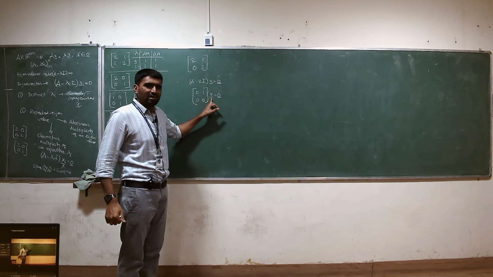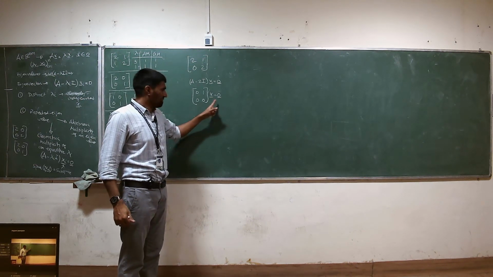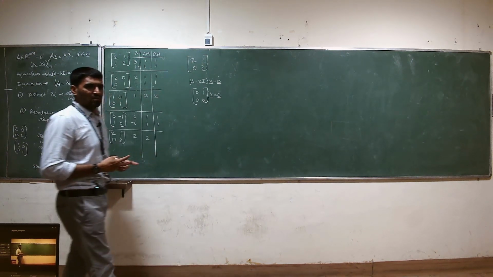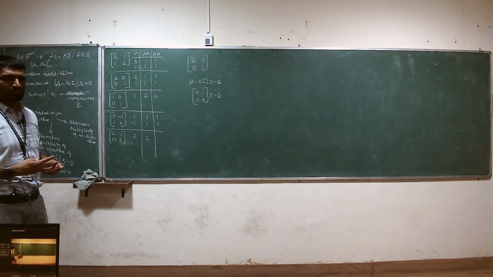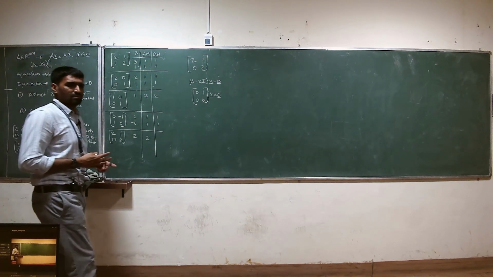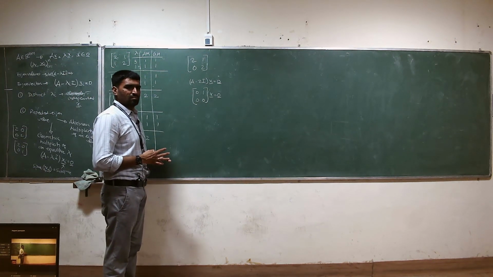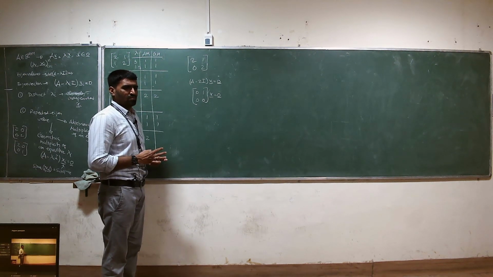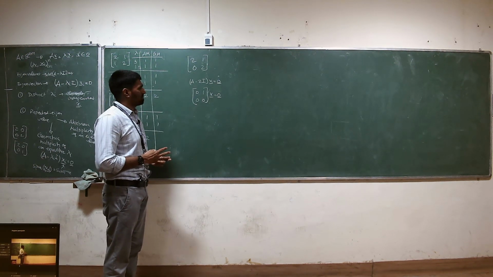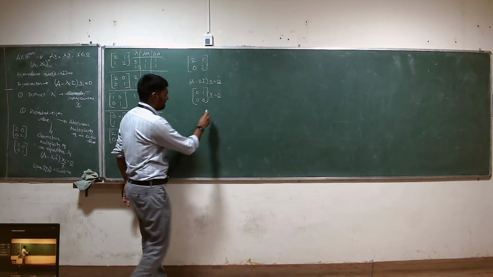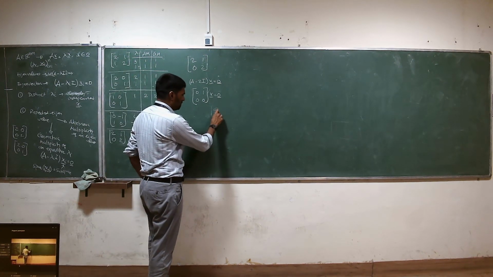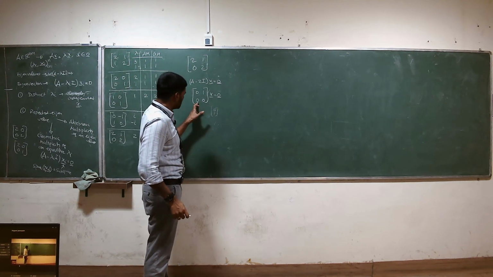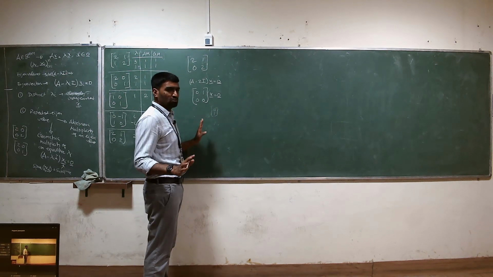There is definitely a non-zero x that will give you this. If you say 0, 1 now, you're taking 0 times the first column plus 1 times the second column. That's not 0, 0.